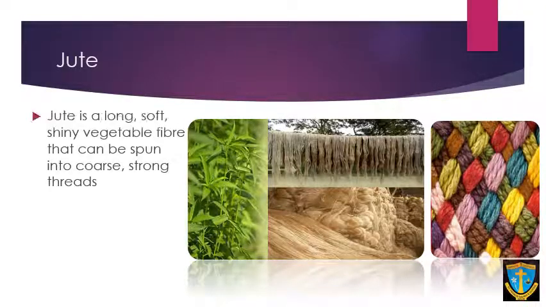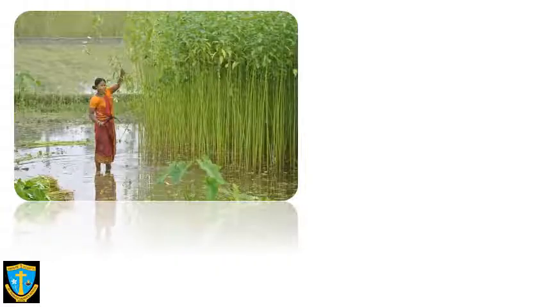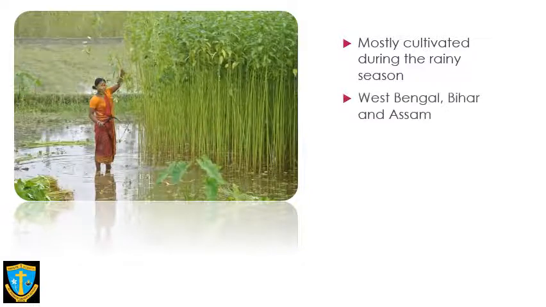Jute. Jute is obtained from plants. It is a long, soft, shiny vegetable fiber that can be spun into coarse, strong threads. It has been used for making textiles since the Indus Valley civilization. So the lady standing here is next to the jute plant. Jute is mostly cultivated during the rainy season.